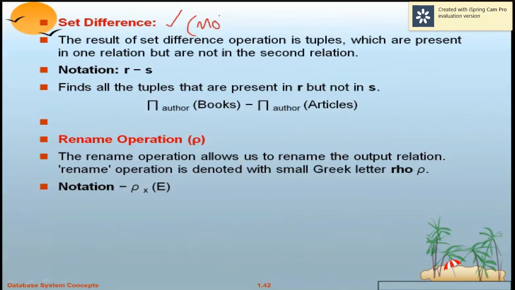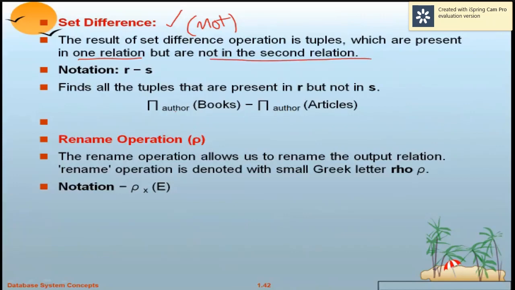For the same example, if my scenario is something like this, find the data of the authors who have written a book and not an article. That means I want the data to be present only in one table but not in the other table. Then I have to go for the NOT operator.